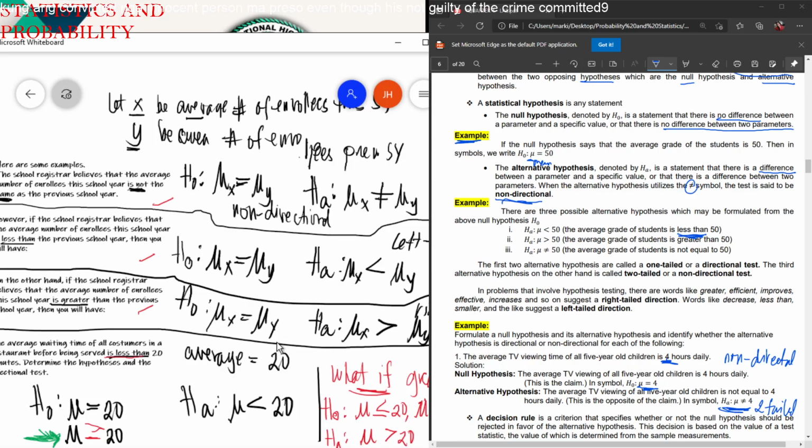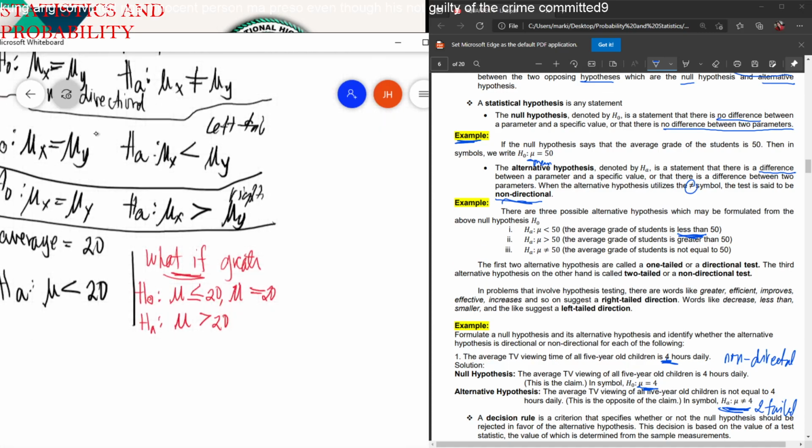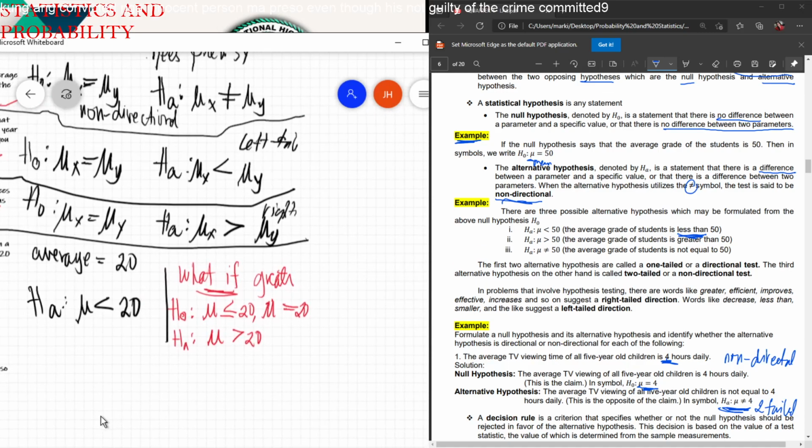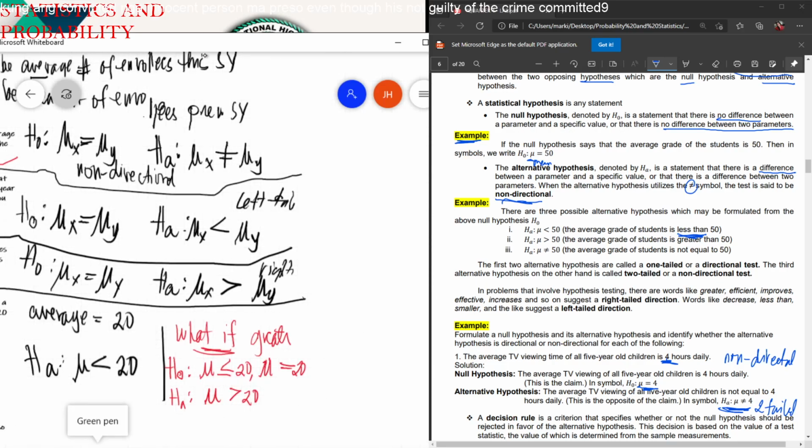So again, let me sum it up first. When you say null hypothesis, there is no effect. We are going to use the equal sign.